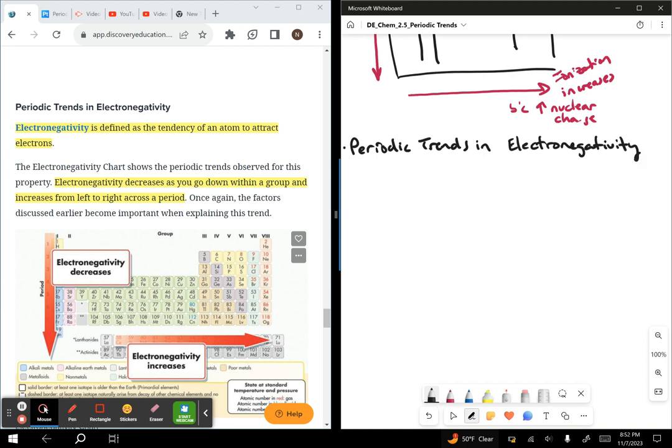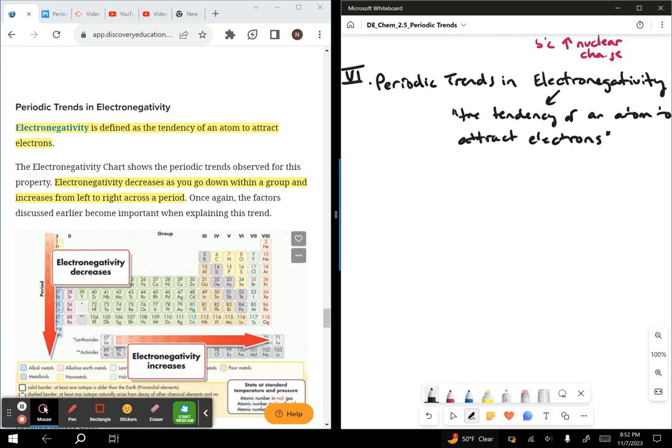It is the tendency of an atom to attract electrons. Electronegativity decreases as you go down within the group and increases from left to right. Let's draw that out.